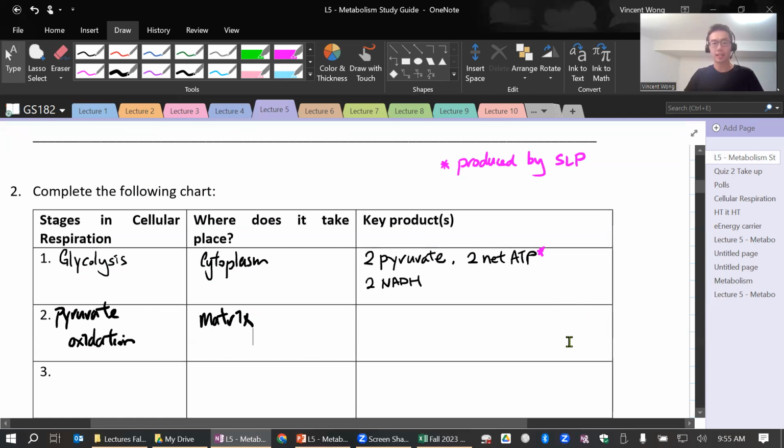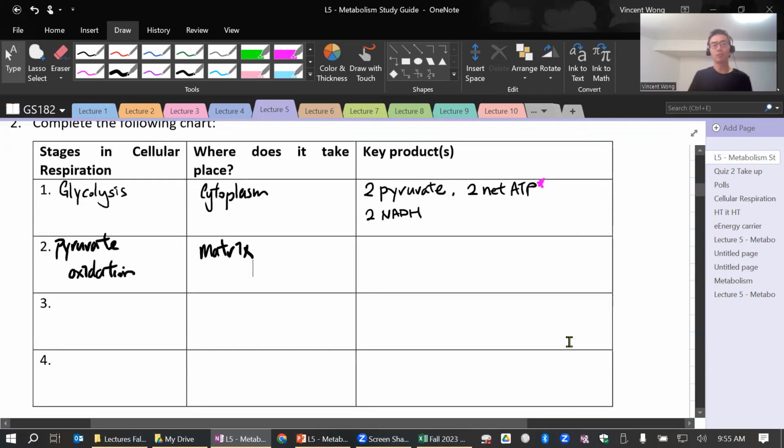All right, key products here. So we have 2 carbon dioxide, right? That's the first step. You remove the carbon dioxide. Second step, we're gonna have 2 NADH. We're gonna recharge the molecule a little bit by adding a coenzyme A, and in the end, we get 2 acetyl-CoA.